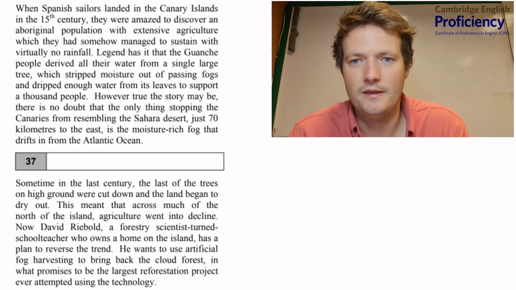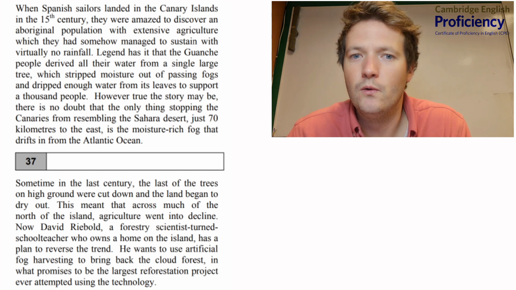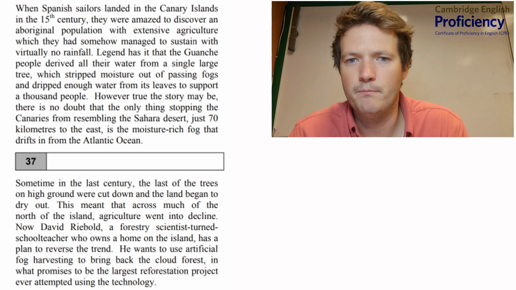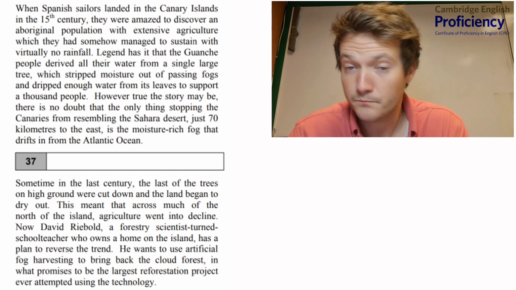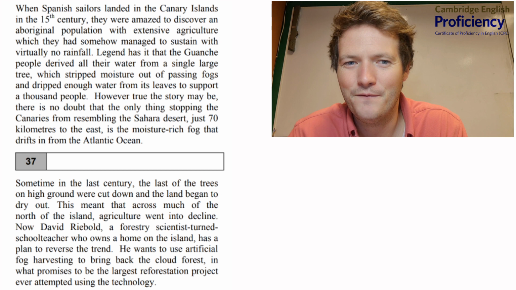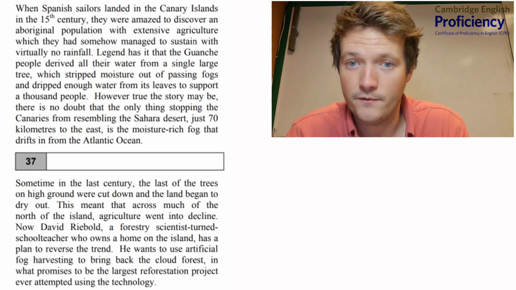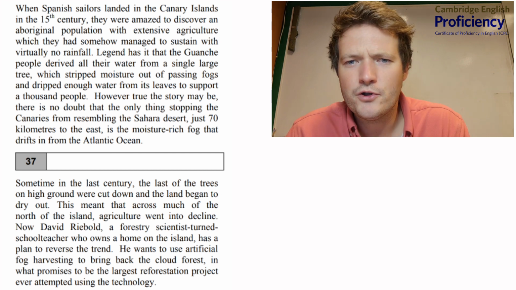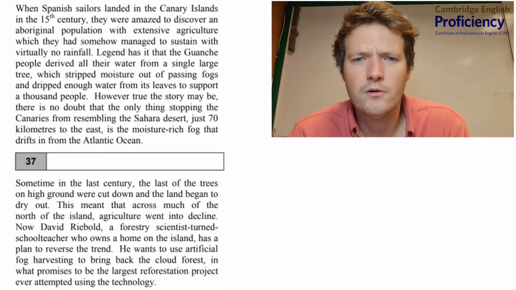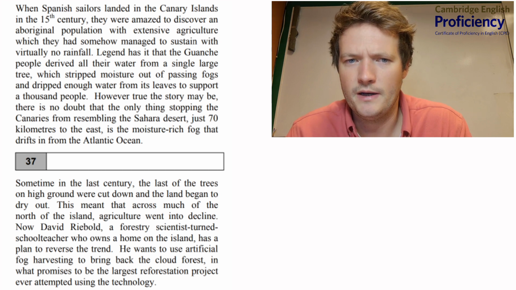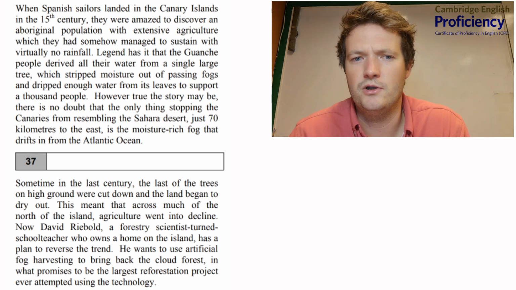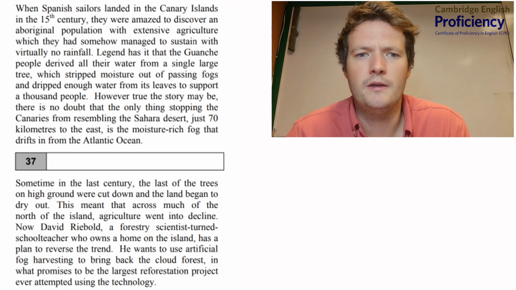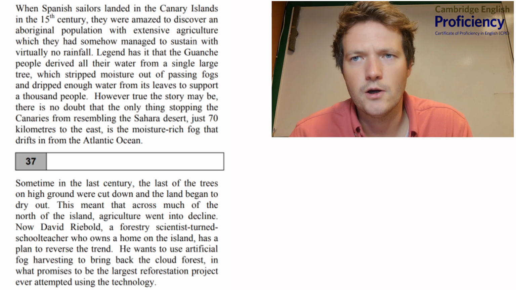Legend has it that the Guanche people derived all their water from a single large tree, which stripped moisture out of the atmosphere, out of passing fogs, and dripped enough water from its leaves to support 1,000 people. However true the story may be, there is no doubt that the only thing stopping the Canaries from resembling the Sahara Desert just 70 kilometers to the east is the moisture-rich fog that drifts in from the Atlantic Ocean.